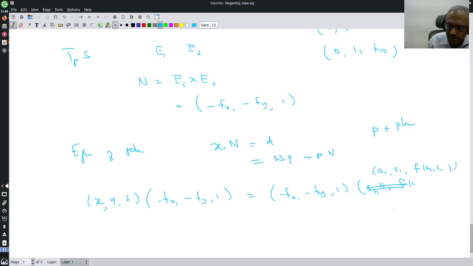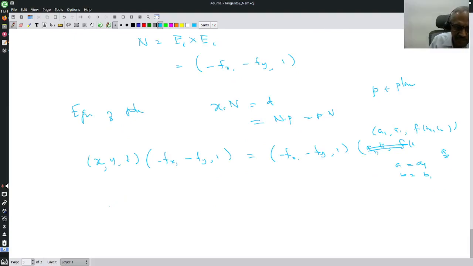But for the time being, if you want to look at this, right, a equal to a1, b equal to a2. So now a is not a vector, it's a coordinate, right? Then you will arrive at the equation correctly. You will see z equals (x minus a) into fx at (a, b), plus (y minus b) into fy at (a, b), plus f of (a, b).